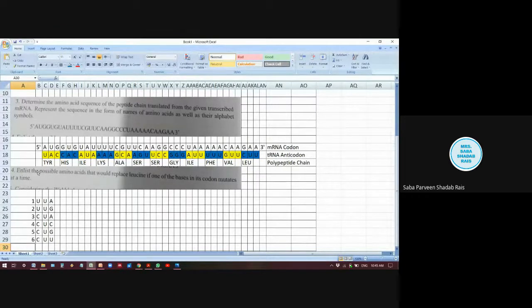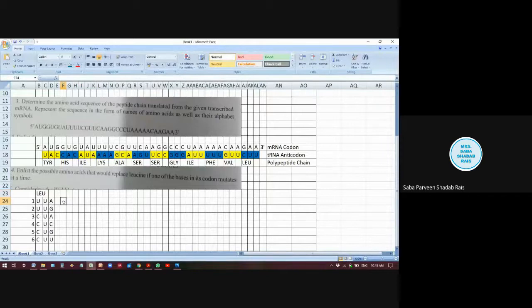Now see, enlist the possible amino acid that would replace leucine if one of its bases in the codon is mutated. Okay, now here let me clarify that these are the codes for leucine. Now here one of its bases is mutated.